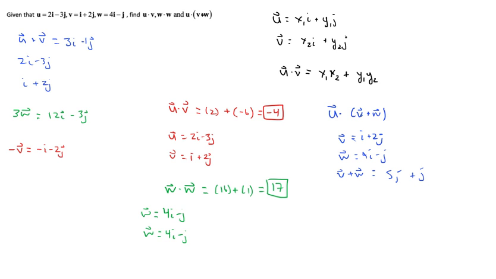That is the sum of v plus w. Now we want to find the dot product of u and this new vector here. Well, we know that u is 2i minus 3j. So to find the dot product, we take 5 times 2, which is 10, plus 1 times negative 3, which is negative 3. Add them together to get 7. So this will be the dot product of u dot v plus w.